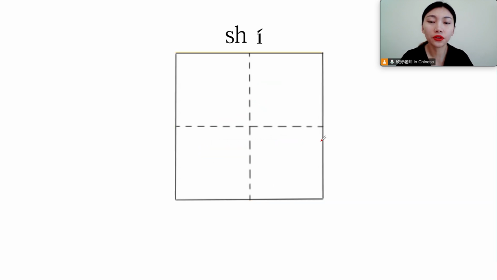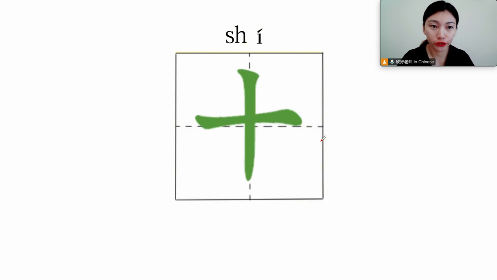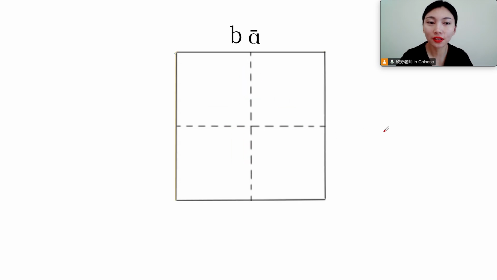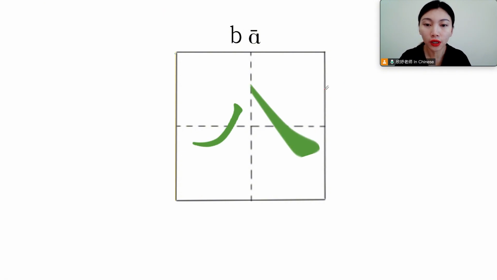Okay. And continuing is 十. First horizontal and then vertical. Very good. 十. And continue. 八. Okay, it's 2 left falling strokes. 1, 2. 八, which means 8.